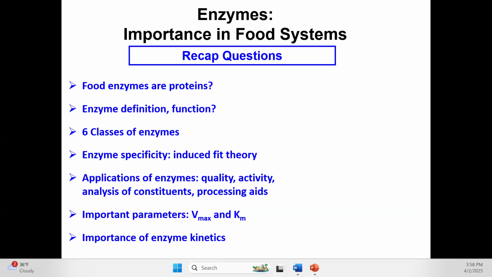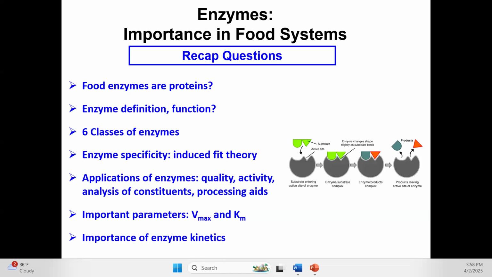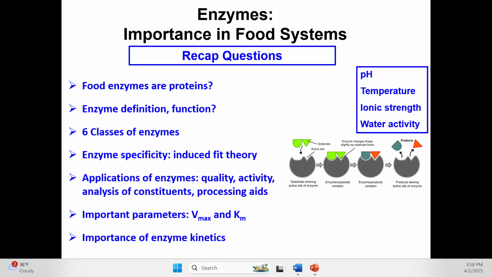So it's not a solid state. pH, ionic strength, water activity, and temperature impact that binding site. It takes the shape needed to make the binding effective, impacted by environmental conditions.